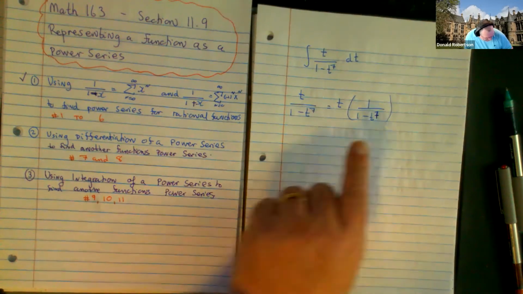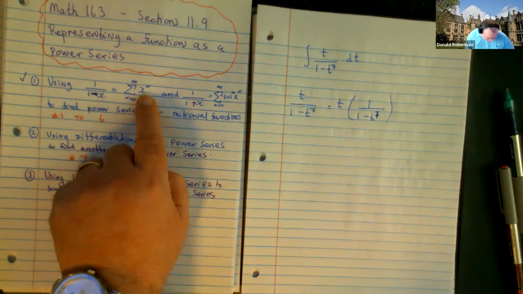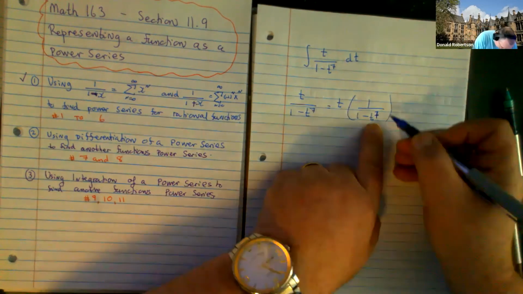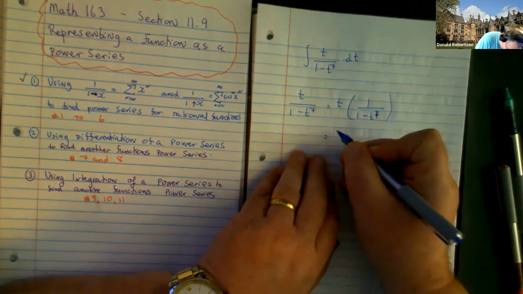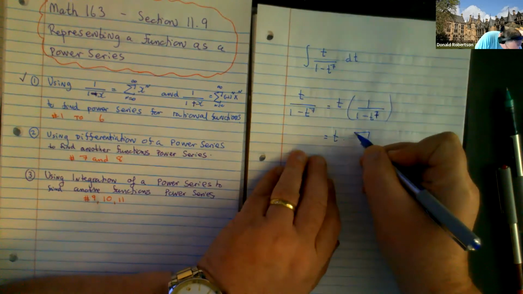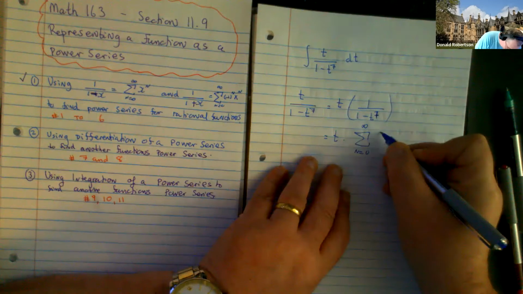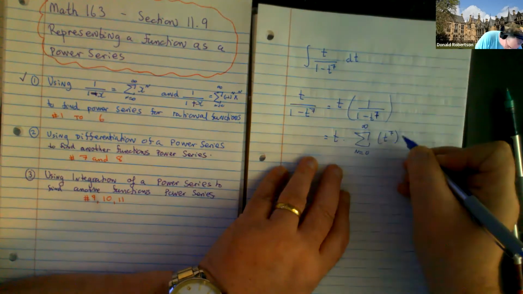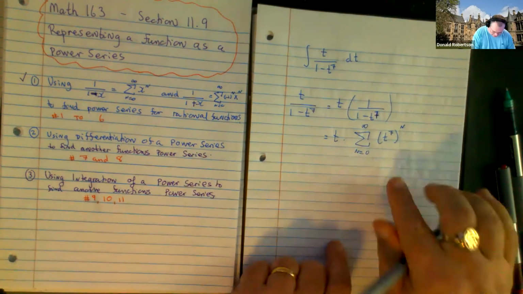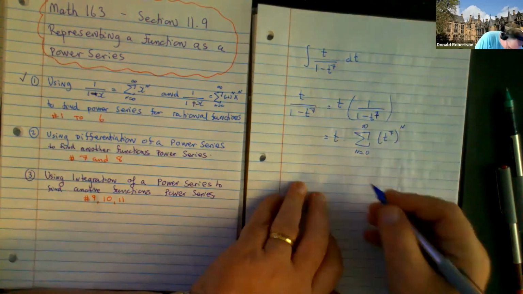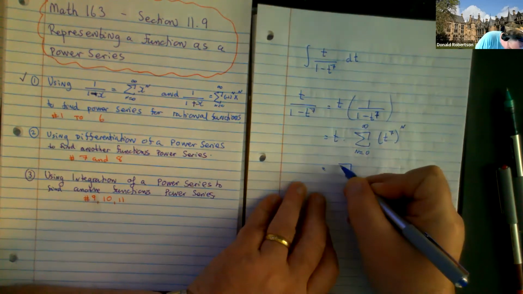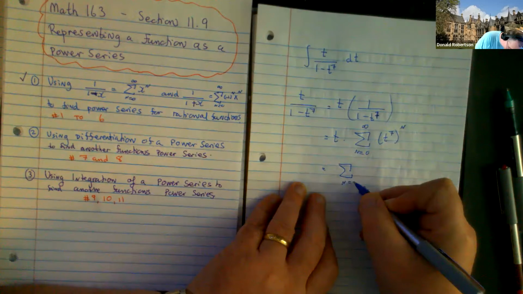So in this case, we're looking at this one, which is that guy. So x is going to get replaced by t to the 7. So it's t times the sum from n equals 0 to infinity of t to the 7, to the power of n. So that's basically x to the n. And I'll try and save a line of working here.